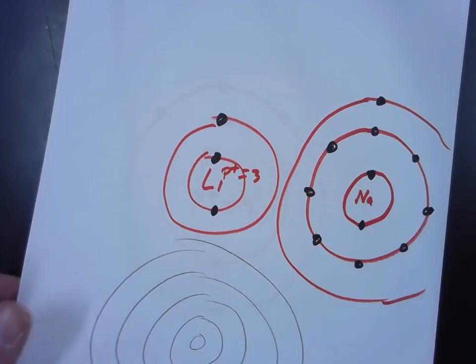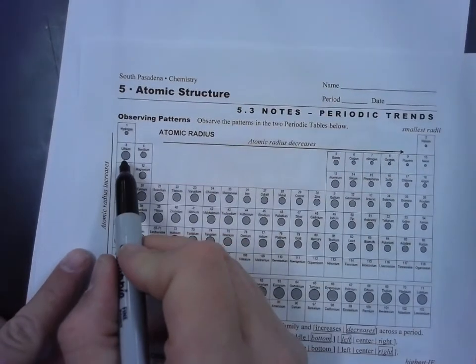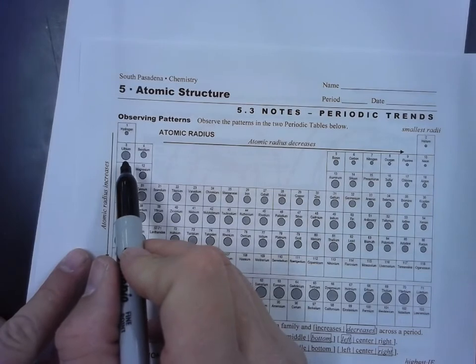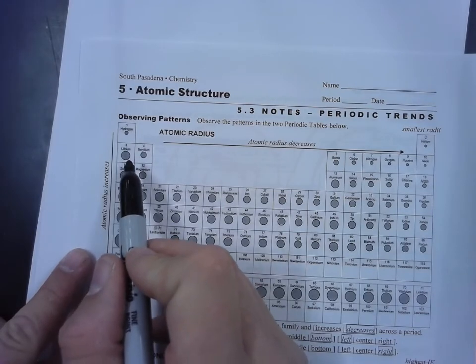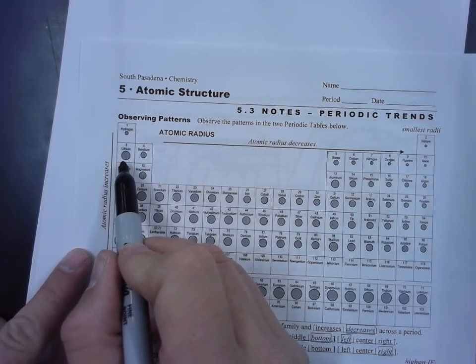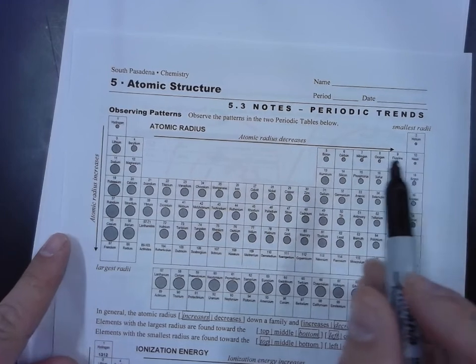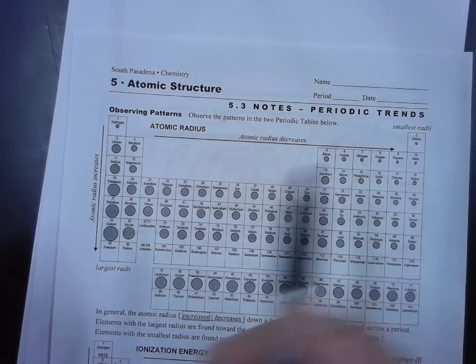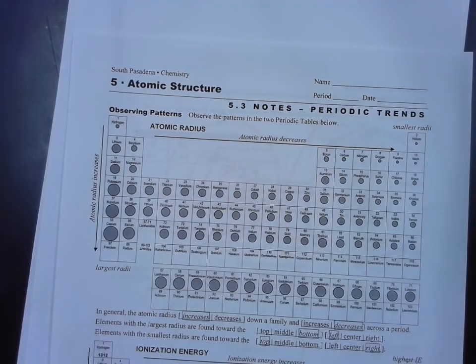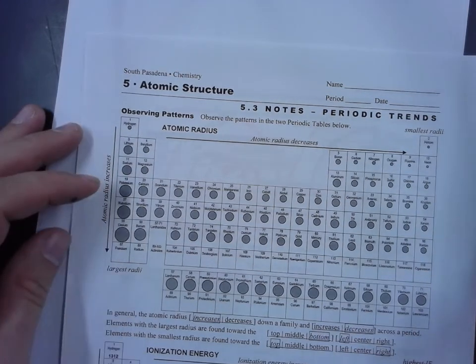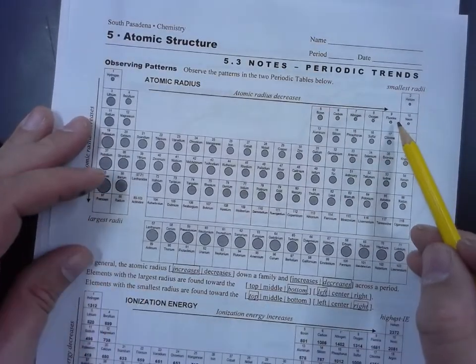That's why lithium, even though it's got fewer electrons, has a larger radius by far than fluorine, because fluorine's got 9 protons in the nucleus. Those protons draw in those electrons and lessen the atomic radius.